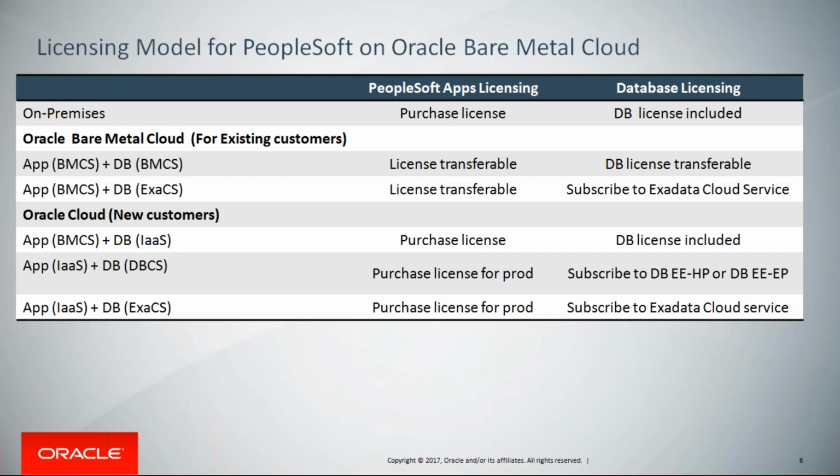Now, please do note that if you're running COBOL, especially for HCM and financials, and if the COBOL compiler is on a different operating system, and if you want to bring COBOL onto Linux or Windows, you might have to have a COBOL license. But if it is the same operating system between source and target, which is on-prem and cloud, if it is Linux and Linux, then you can easily transfer the COBOL licenses as well.